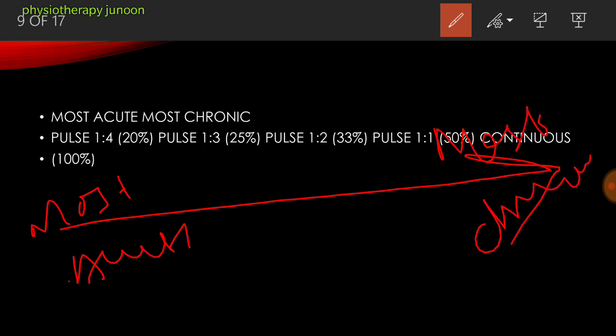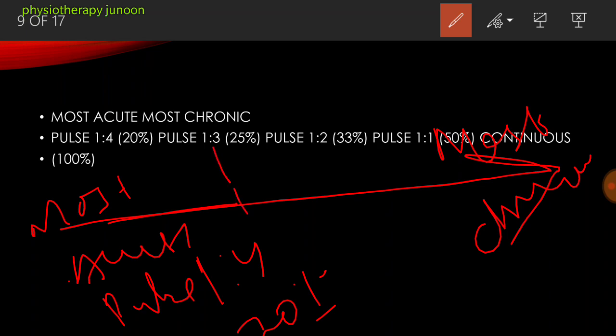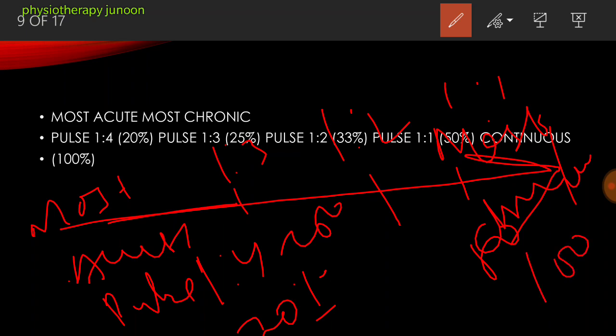In the most acute phase, the pulse is 1:4, meaning you need only 20% of the duty cycle. Here there is 1:3, 25%, gradually increasing to 1:2, then 1:1, 50%, and here you give 100%, in the most chronic cases.